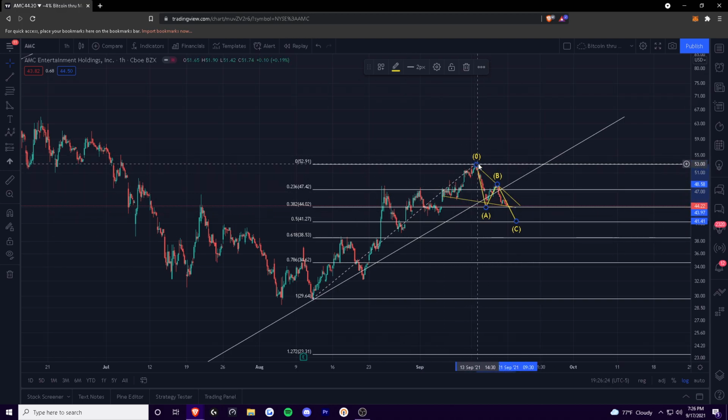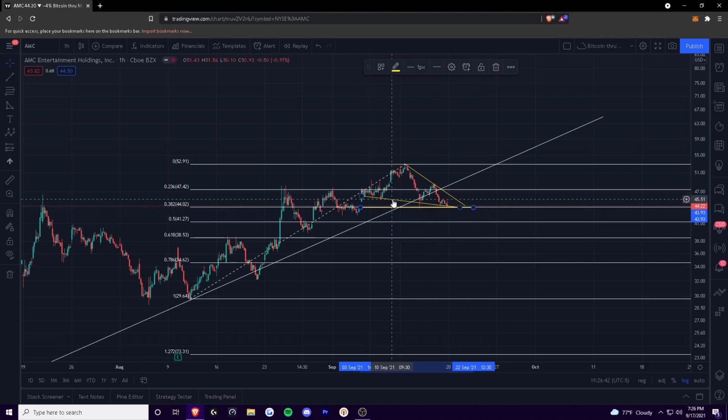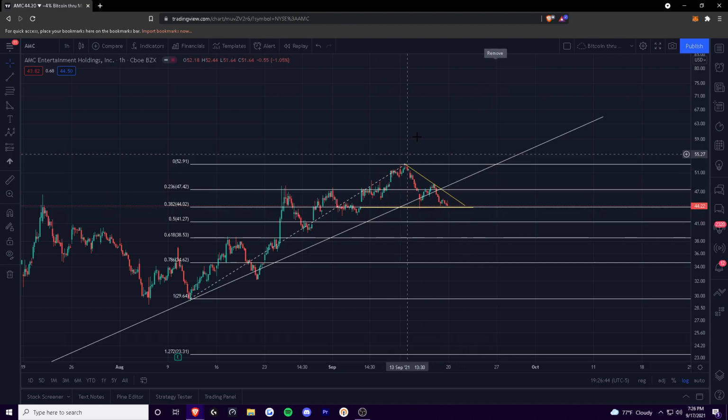So if I'm a hedge fund and I want to beat up on my hedge fund friends that are looking at these larger bearish signals, like maybe there are bears out there that are looking at this as a descending triangle, right?